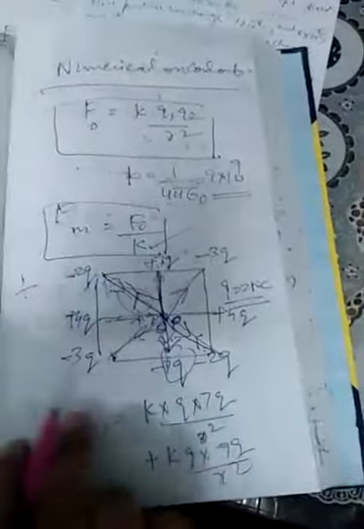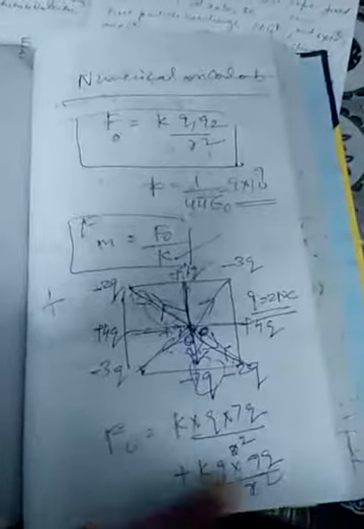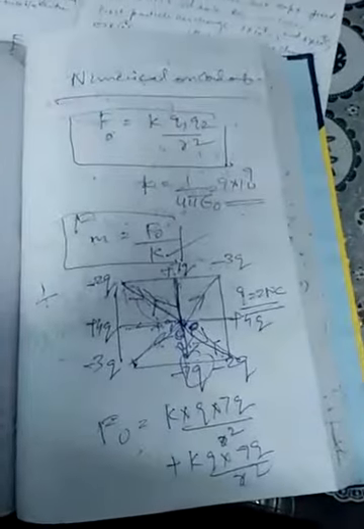These two forces will be added up, and whatever the sum total is will be the solution for this question. If you put the values of charge and the value of x, if the side of the square is given, you can solve such questions.